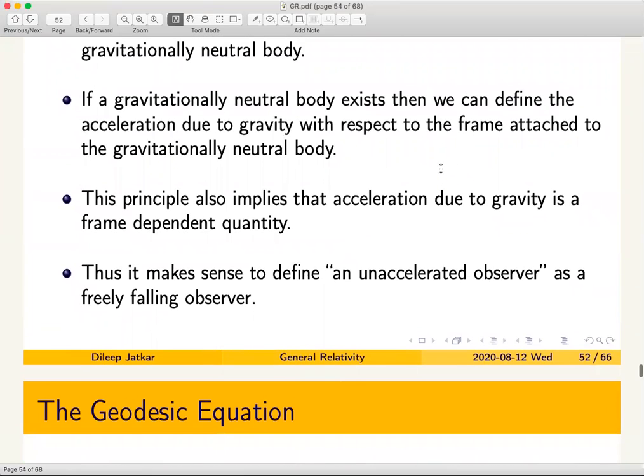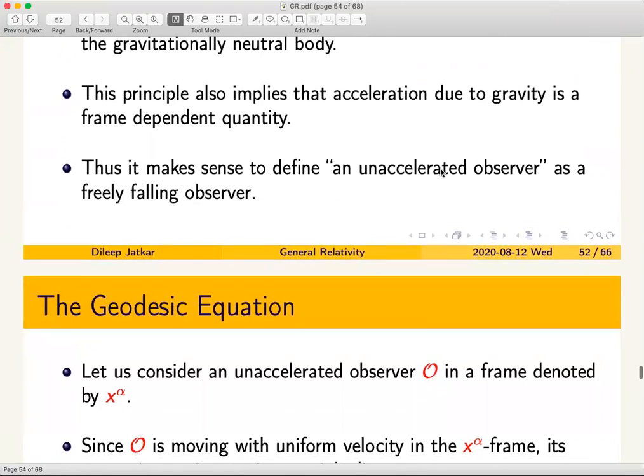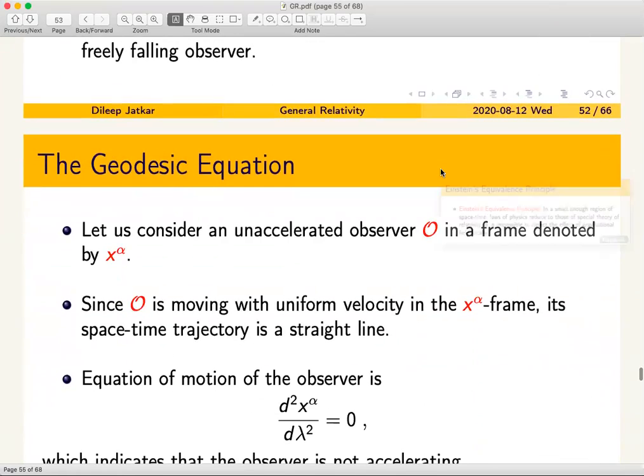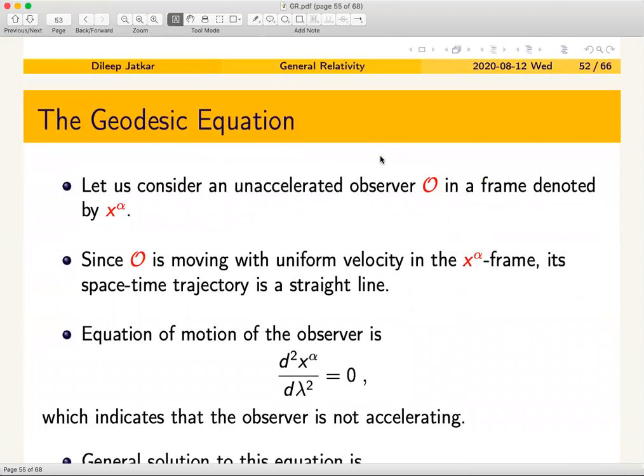Let us try to define a notion of an unaccelerated observer in a more concrete way. For that, let us go over to something called the geodesic equation. Let us consider an unaccelerated observer O in a frame denoted by x alpha.